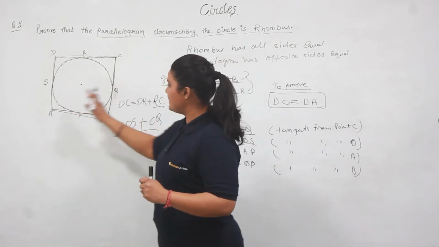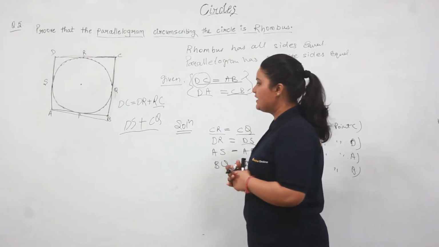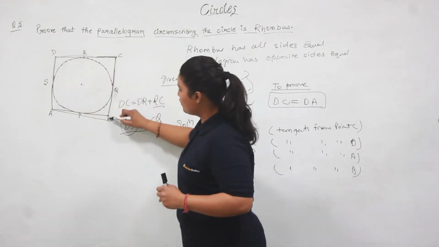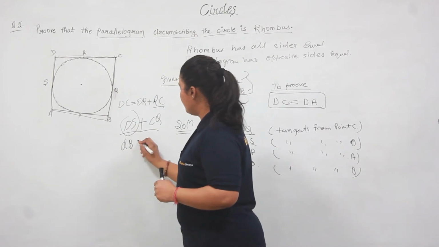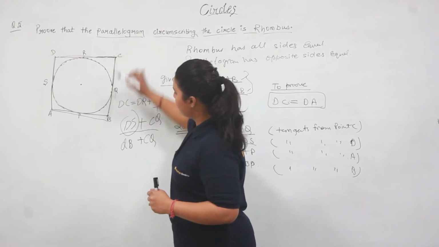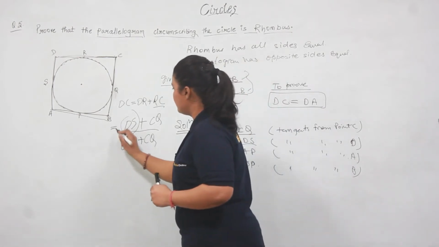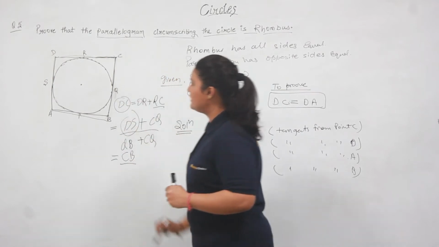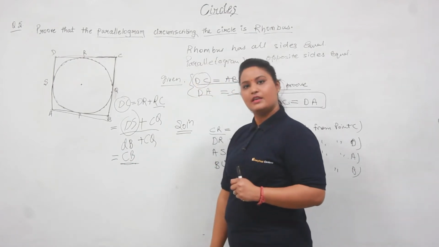Since these two lines are already equal, DA is equal to CB, right? So I can say that this DS is equal to QB, correct? So I can write QB plus CQ, and it will be equal to CB. So, starting from DC, I came to the conclusion that it is equal to CB.